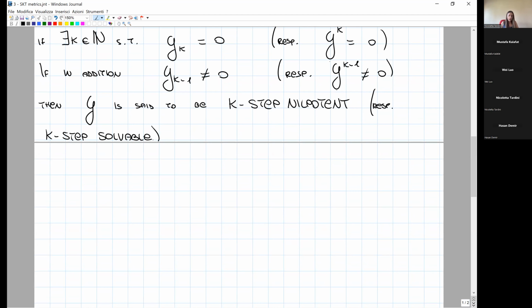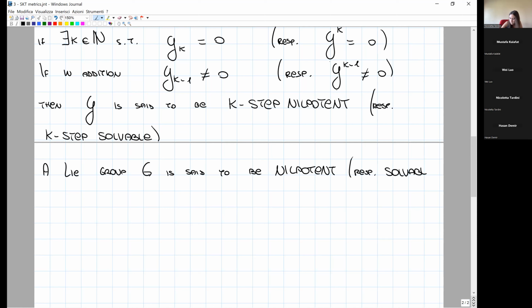Okay. And so this is the definition for the Lie algebra, but of course, a Lie group G is said to be nilpotent, or of course, respectively again, solvable, if its Lie algebra is nilpotent or solvable. Okay.